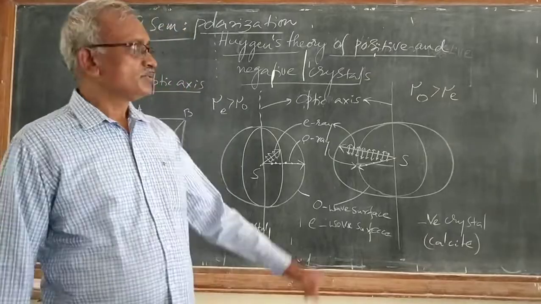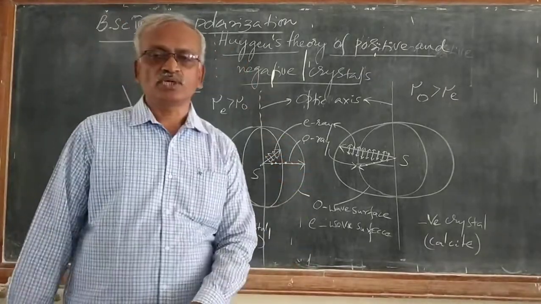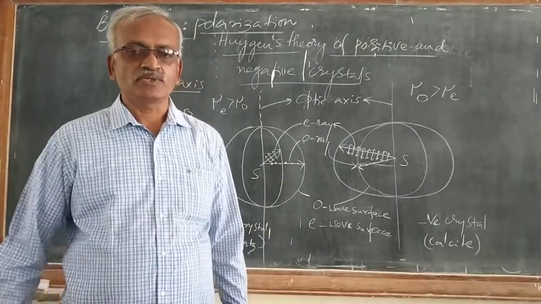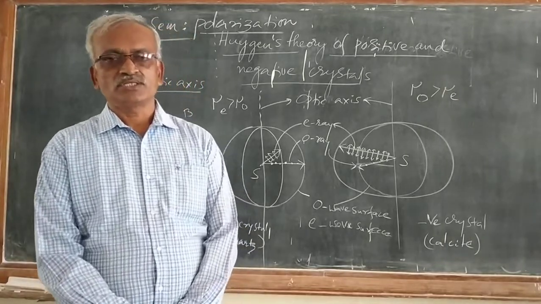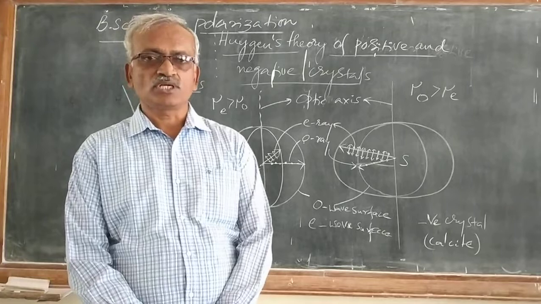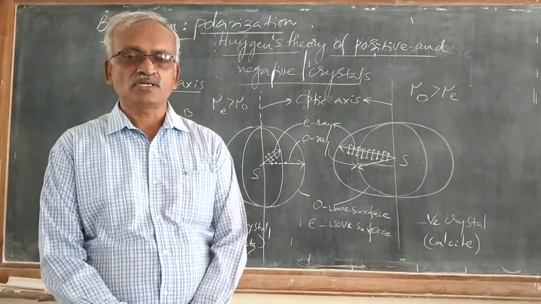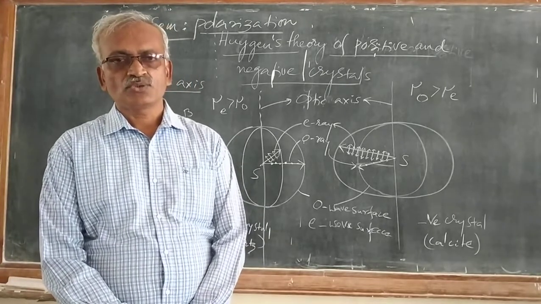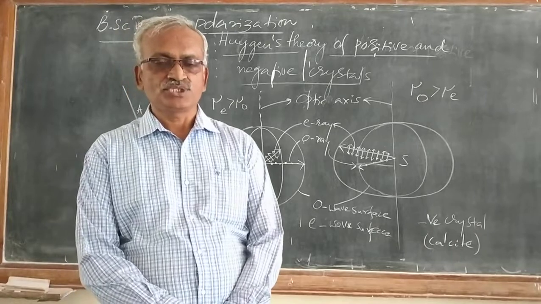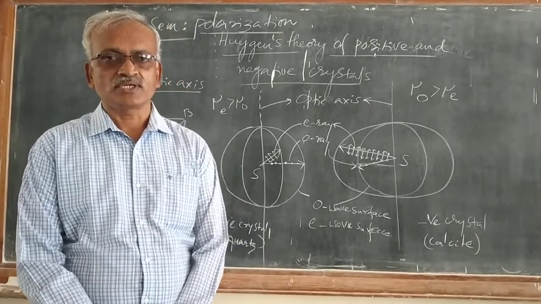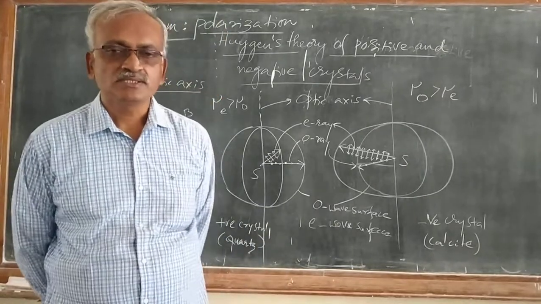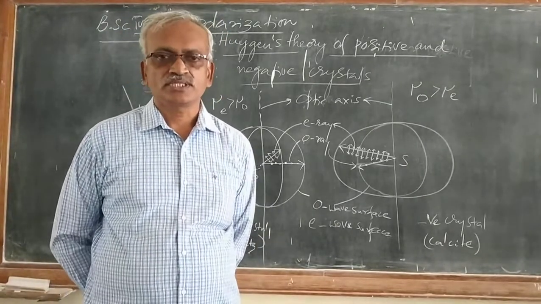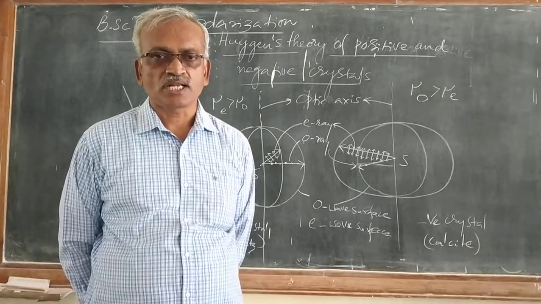With the help of polarization only, we can define whether the light is a longitudinal wave or a transverse wave. In these two phenomena, interference and diffraction, we could not notice whether it is longitudinal or transverse.